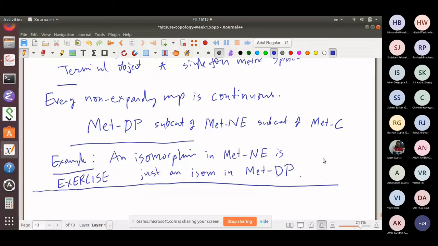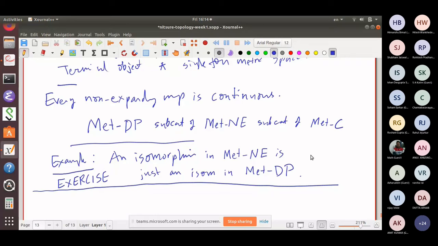So you have noted this is an exercise, and I am asking the students to show that a non-expanding isomorphism is just a distance preserving isomorphism. Is that obvious? Because if it had already contracted some distance, then the inverse will have to expand that distance so that the composite is identity.